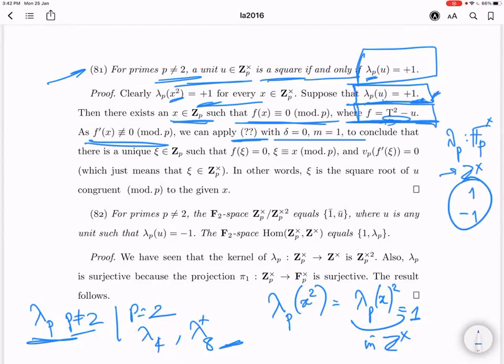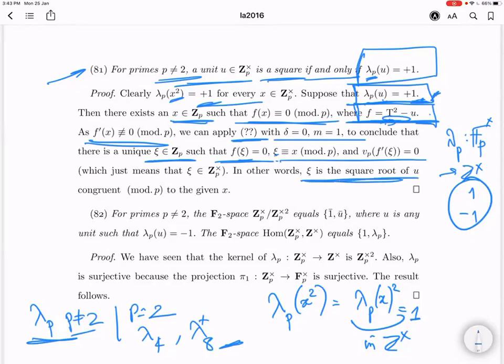And so the conclusion is that there's a unique psi such that f of psi is equal to 0, which means that u is equal to psi squared, and you get some other things as well.